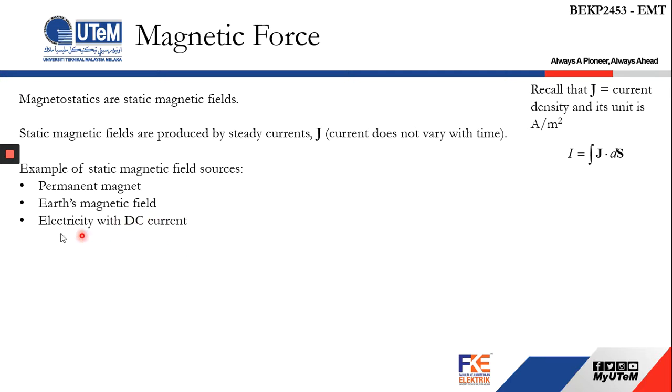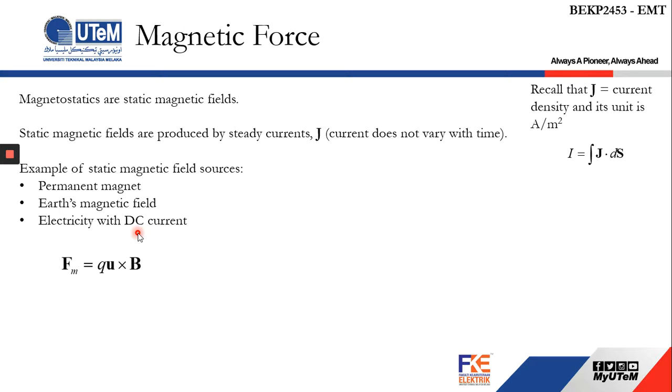And more commonly to us is this last example here, which is electricity with DC current. So when a DC current flows through a conductor, it will generate a magnetic field around it. And the magnetic field will be constant because the current is constant. So in this case, we call it a static magnetic field source.